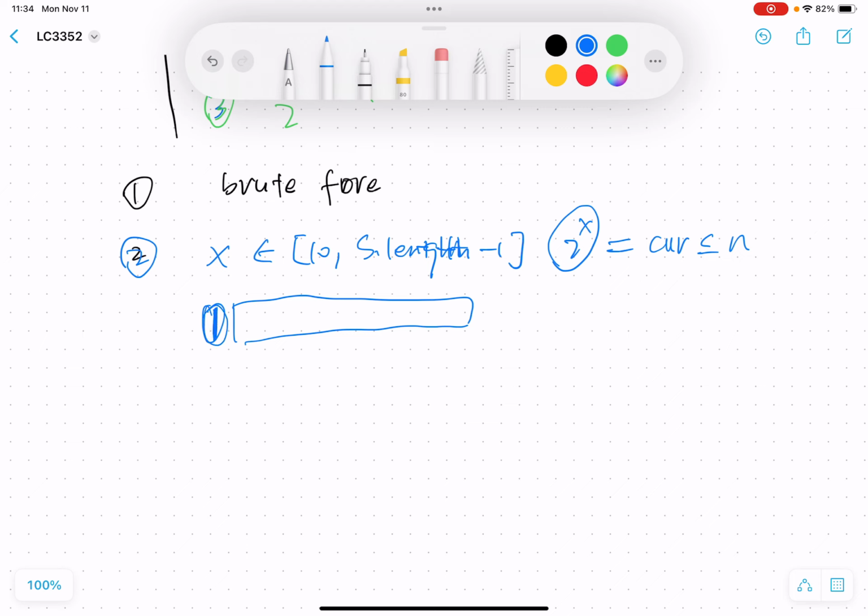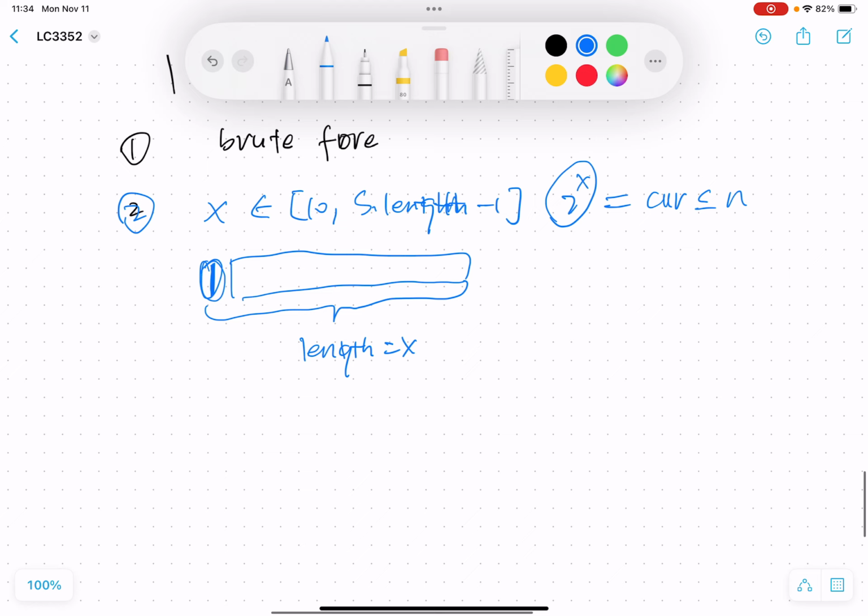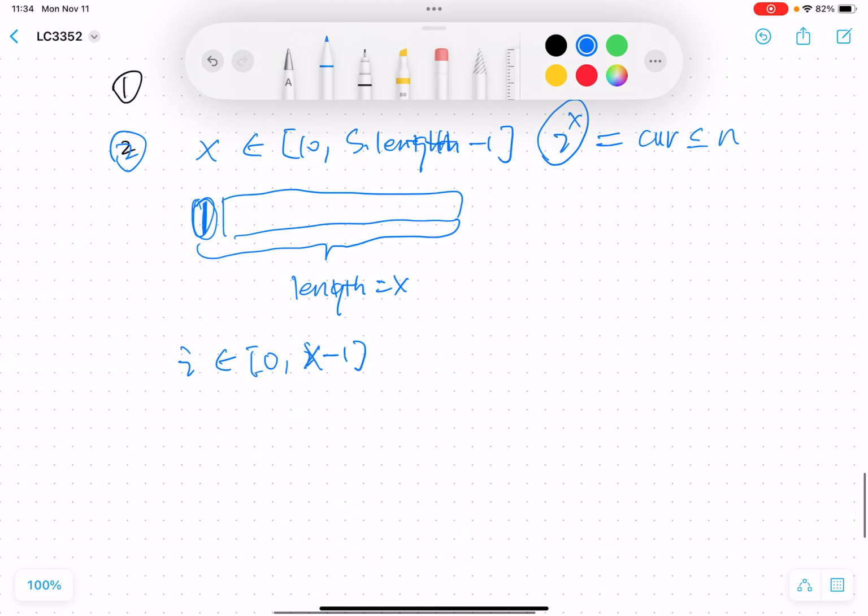After that, we know the value must be less than n, and the length must be x. So after that, we can iterate I from 0 to x minus 1. That means there are I ones in the binary representation of x.